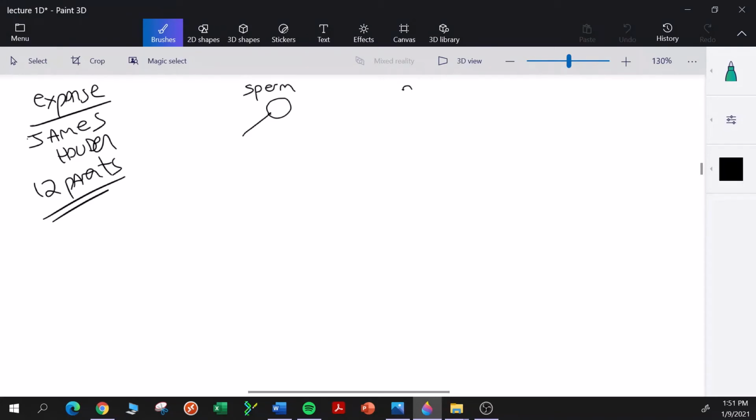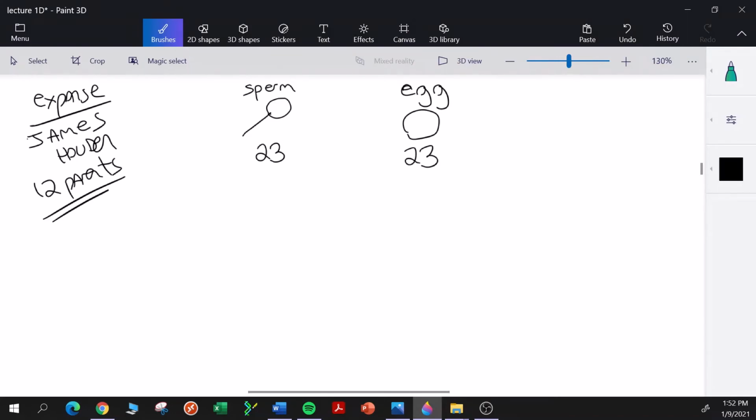But for now, most humans are the result of fertilization of an egg cell by a sperm cell, or technically a secondary oocyte. We'll talk more about that later. So human sperm have 23 chromosomes. Human eggs, 23 chromosomes.